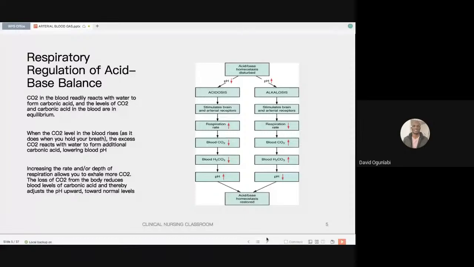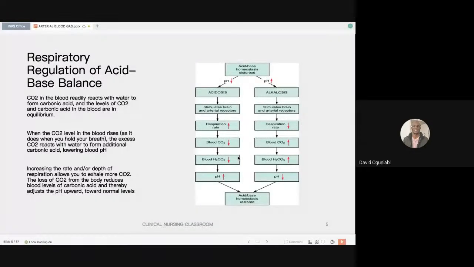Now, just look at this diagram from beginning to end. You will discover something.